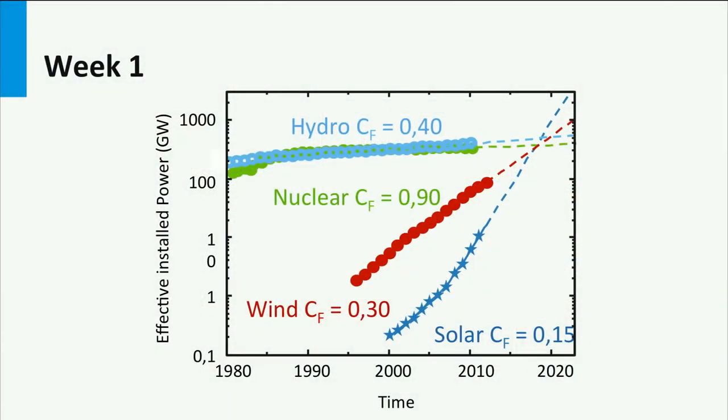In week 1, I will give you a general introduction into solar energy. I will discuss the variety of technologies for energy conversion we are using today for our energy needs. I will try to put the role of solar energy in perspective in reference to other energy sources. I will teach you the difference between photovoltaic and solar heat.